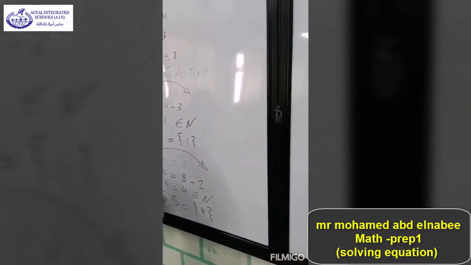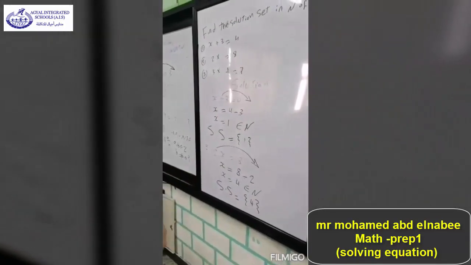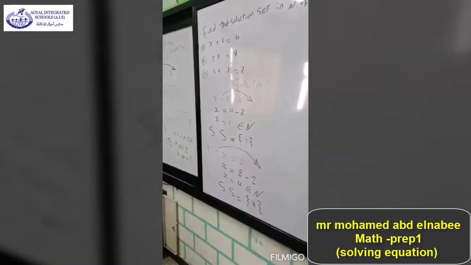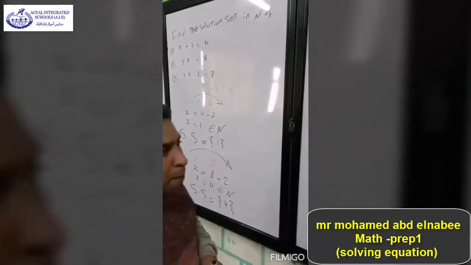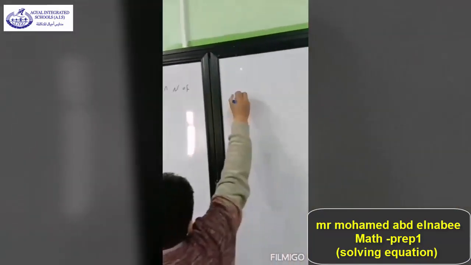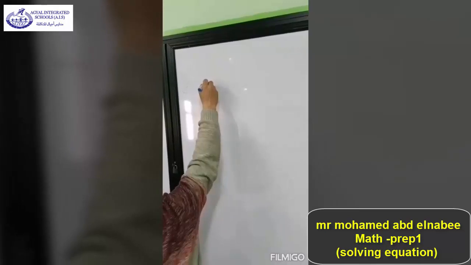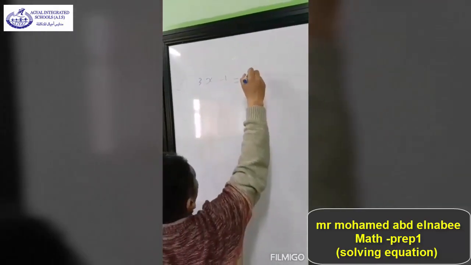Someone might ask me, if this element does not belong to N, what is the solution? What do we say in this case? Let us go to the third problem, which may answer you. Look, this one is 3x minus 1 equal to 7.